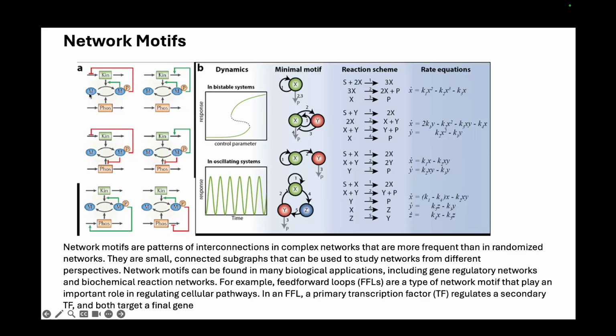So if you check this network, your M is being converted to M phosphate by the addition of a phosphate group, and aiding this addition is this enzyme, the kinase.